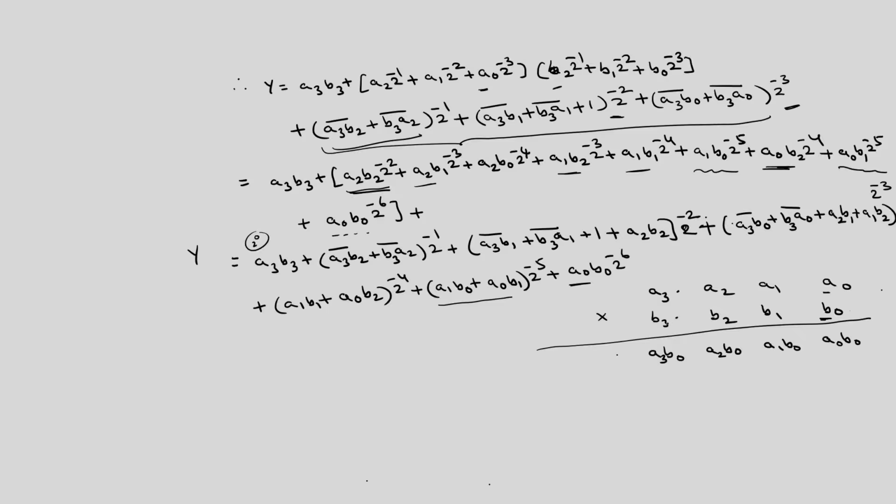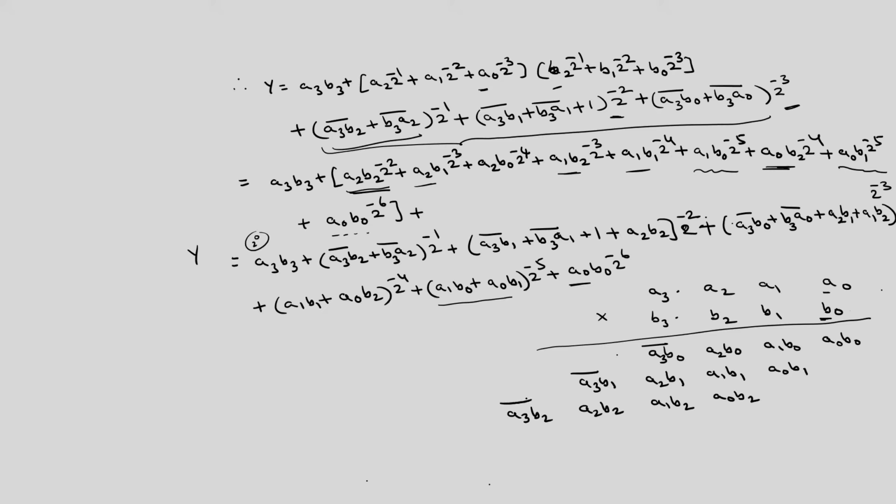But wherever a3 or b3 is there, I will take the complement. Similarly, with b1: a0 b1, a1 b1, a2 b1, a3 b1 bar, because a3 is there. So whenever a3 or b3 is there, I will take the complement. Similarly, with b2: a0 b2, a1 b2, a2 b2, a3 b2 bar.